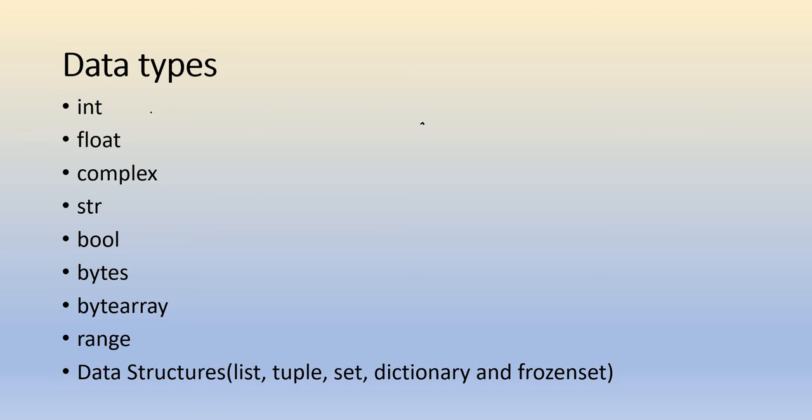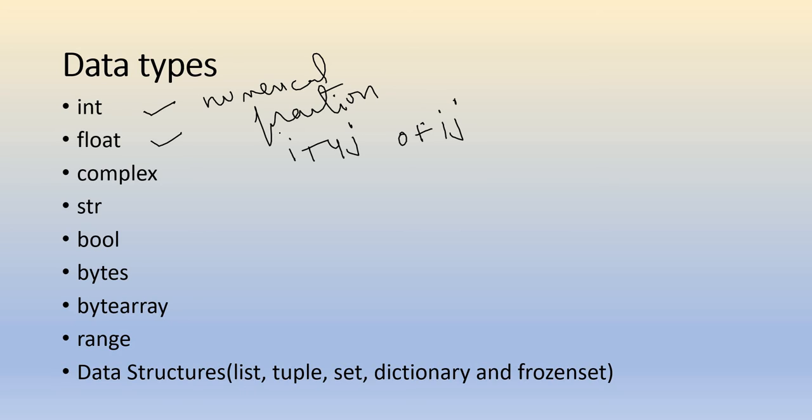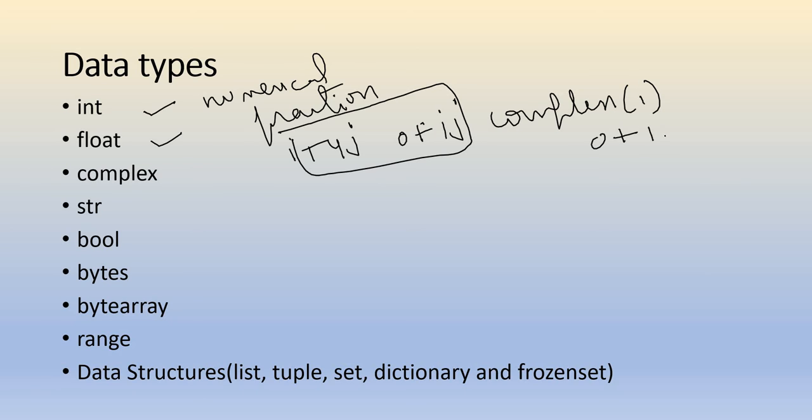As in previous programming languages, Python also supports integer for numerical and float for the fraction part, and complex. For example, if you write 4+1j and 0+1j, these are complex values. There is also a function like complex of 1, which gives you 0+1j.